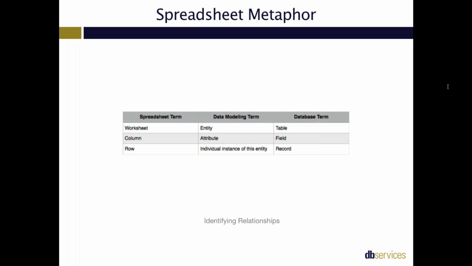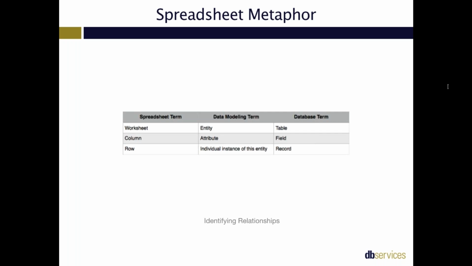Each row is a contact. That would be considered a record or an instance of an entity if you're talking about data models. And then the columns are like, what would be a column for a contact? First name, last name, date of birth, etc. Those would be attributes, or with databases, they'd be fields.